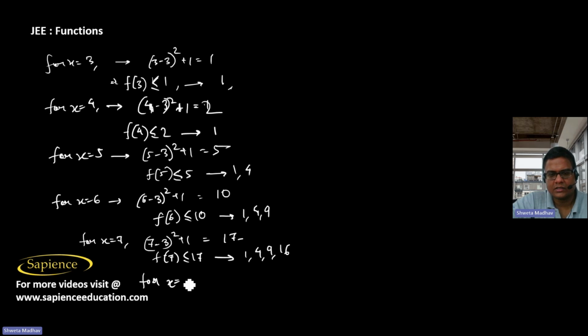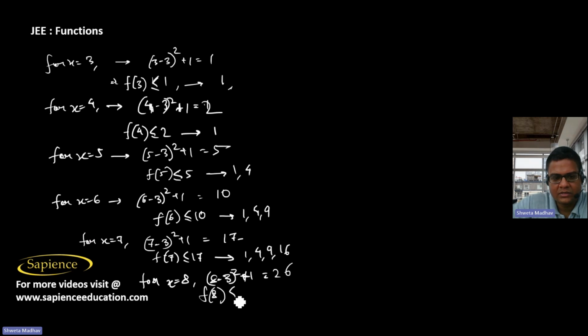Then for x equal to 8, we'll have (8 minus 3) whole square plus 1, so that will be equal to 5 square plus 1, that is 25 plus 1, that is 26.